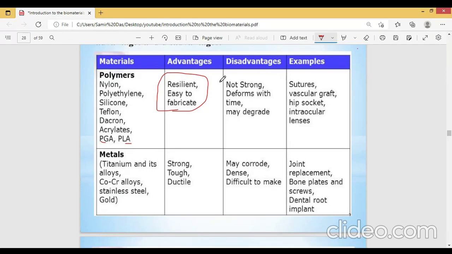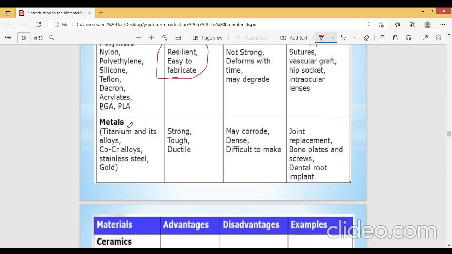So this is the basic advantage and disadvantage of polymer based biomaterial. And this is the application part, not only examples: where we are applying this kind of material, for structural vascular graft, hip socket, intravascular and lenses.